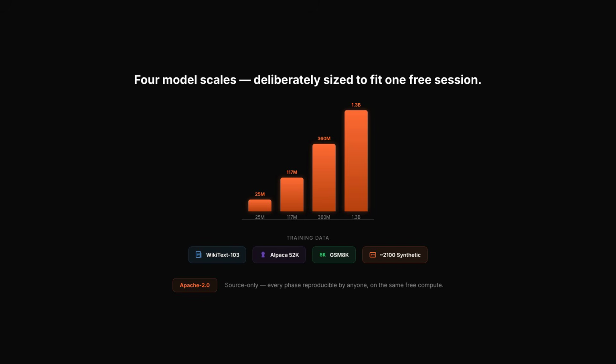Training data spans Wikitext 103, Alpaca 52,000, GSM 8K, and a set of roughly 2,100 synthetic examples generated for this project. And the whole thing is Apache 2.0 licensed, source only, every phase reproducible by anyone on the same free compute I used, with 0 pre-trained weights distributed.